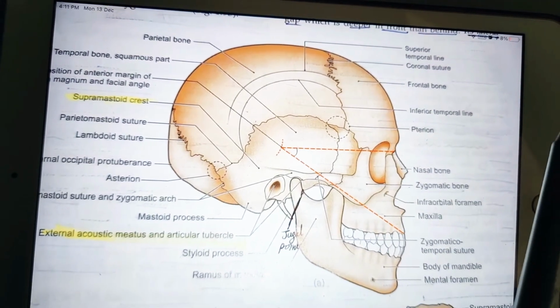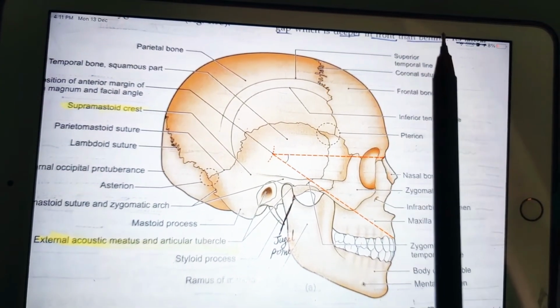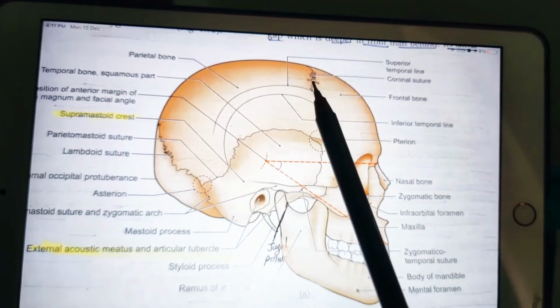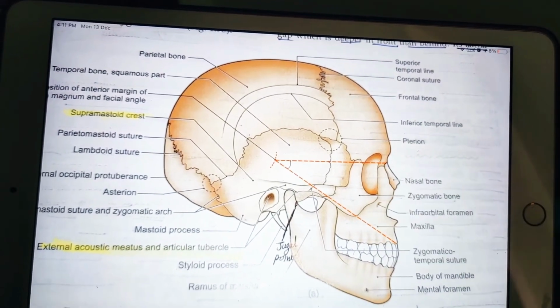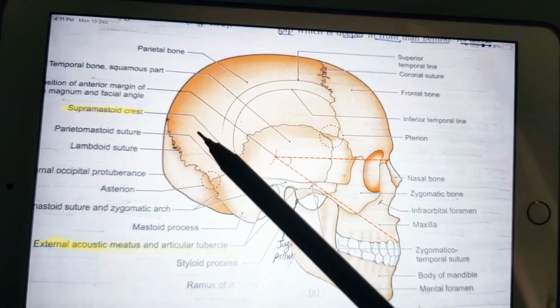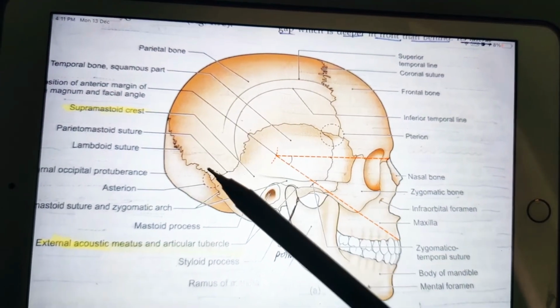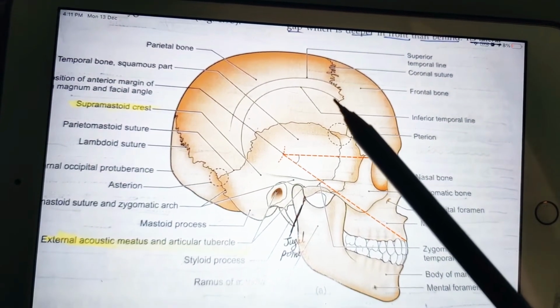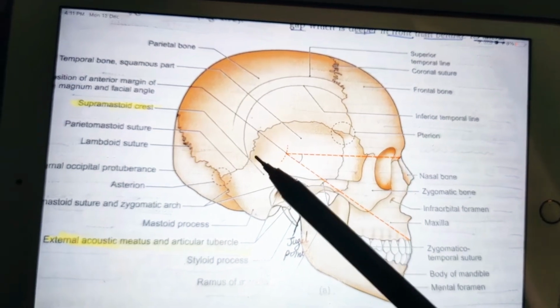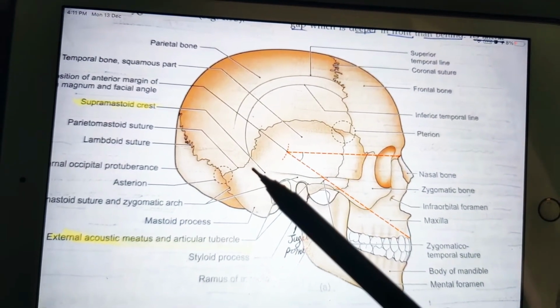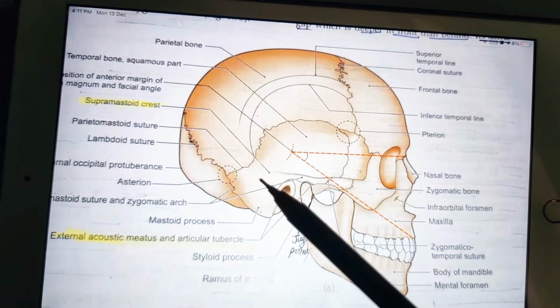One more important feature on this norma lateralis view is the temporal lines. There are two temporal lines. The first one is the superior temporal line, and the next one is the inferior temporal line. If you observe the root of the inferior temporal line, it is continuous as the supramastoid crest.